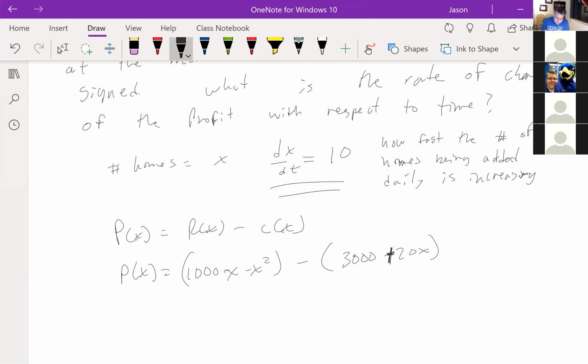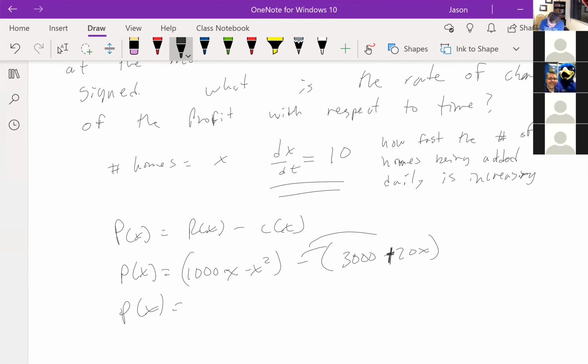I can just write things down properly. 20x, boom. Now let's distribute and simplify.